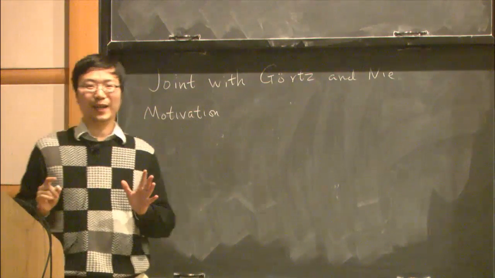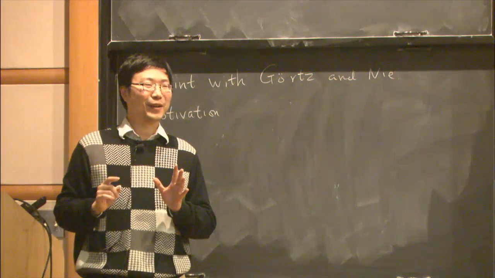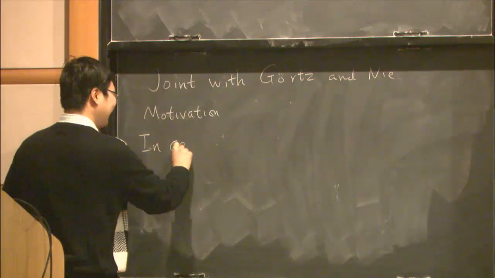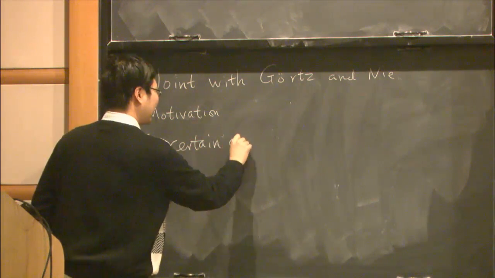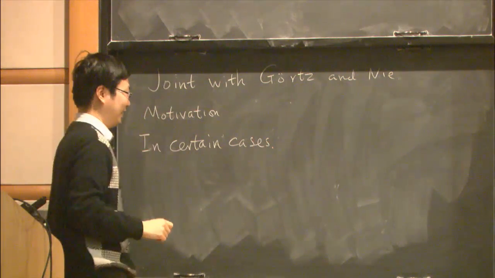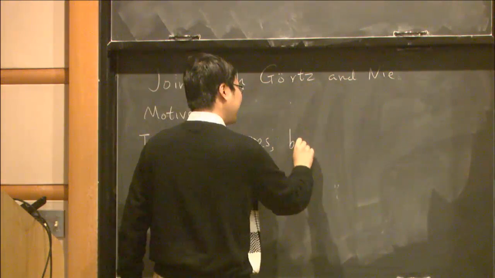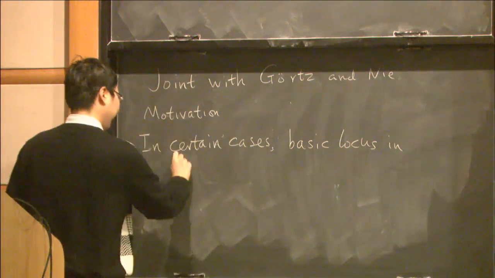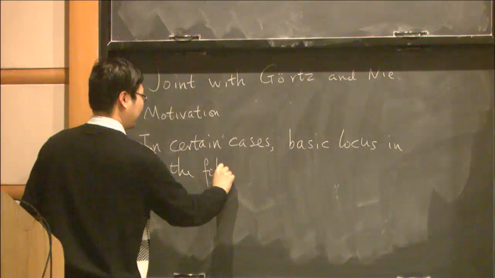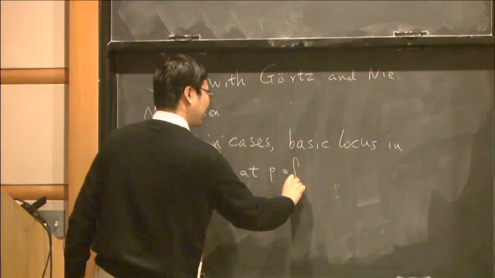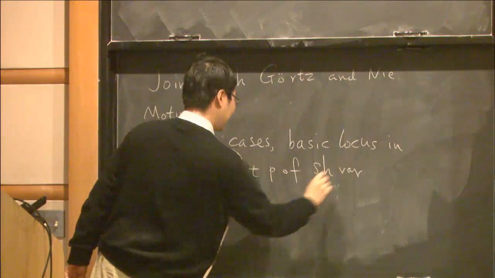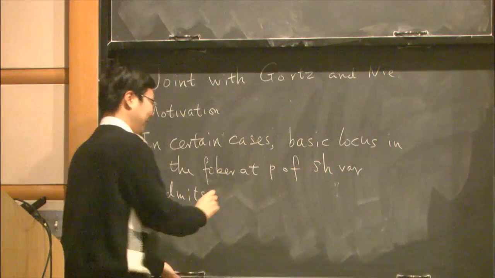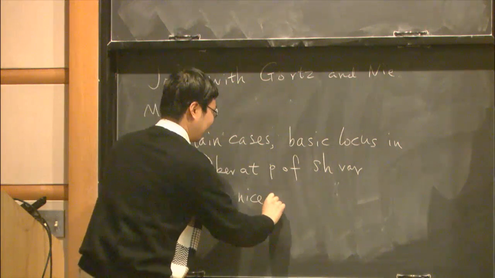Well, first I want to state it in a very vague way. In certain cases, the basic locus in the fiber at P of a Shimura variety admits a nice description.